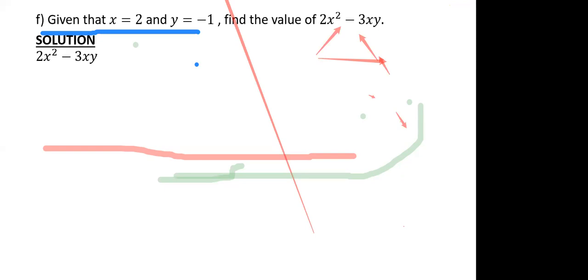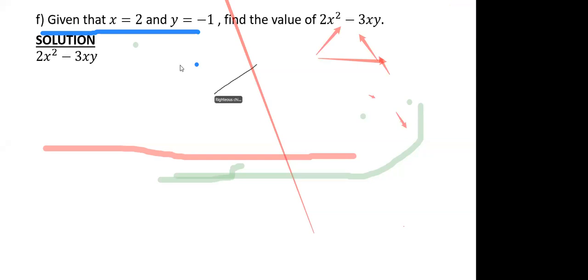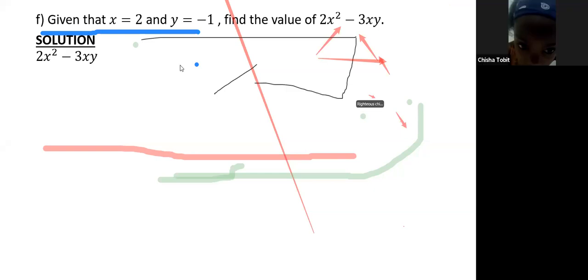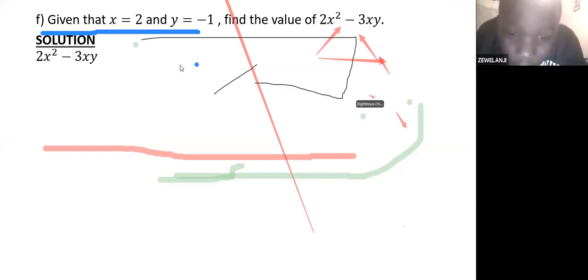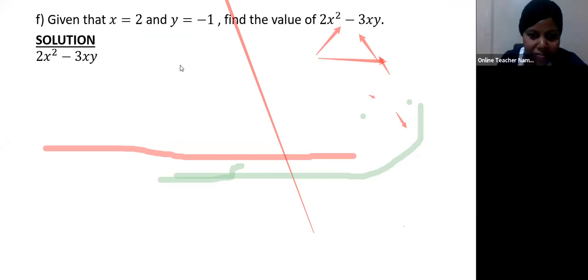Zewelanji. 2 times x minus 3 times x times y. Excellent, boy. Substitute for us.